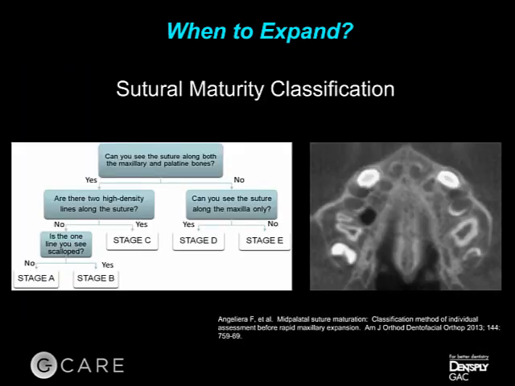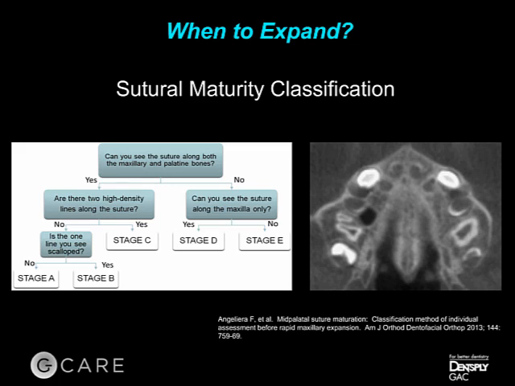Well, an article that just came out this year in the AJO may actually shed a little more light on this, because there have been a lot of reports on adult expansion that may go against the conventional way of thought.